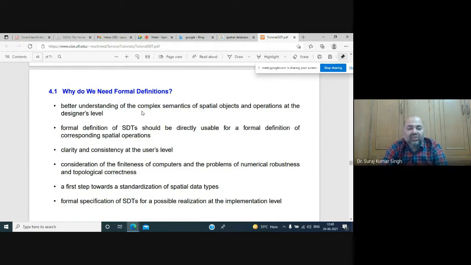Formal definition of SDTs should be directly usable for a formal definition of the corresponding spatial operations, clarity and consistency at the user level, consideration of the finiteness of computers and problems of numerical robustness and topological correctness. A first step towards a standardization of spatial data types, formal specification of SDTs for a possible realization at the implementation level.